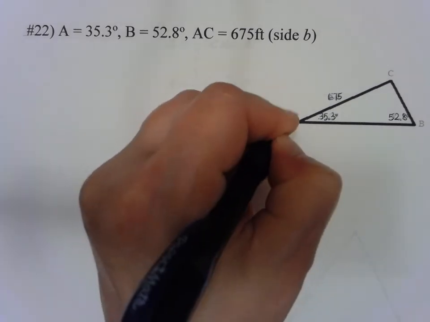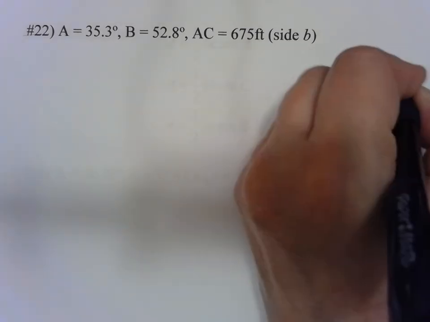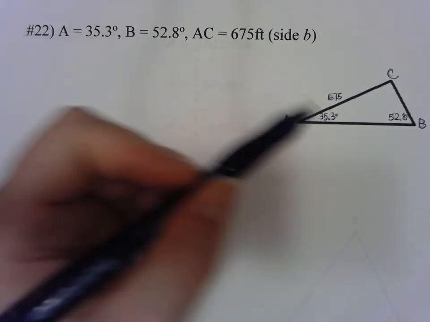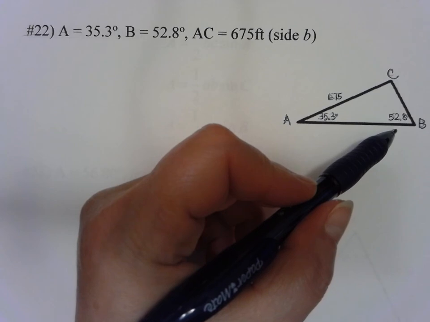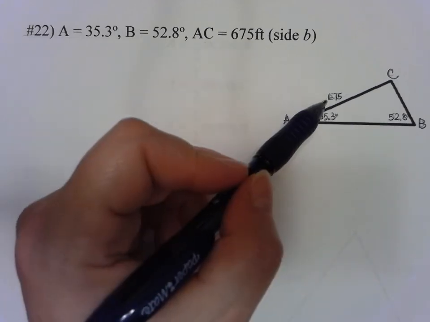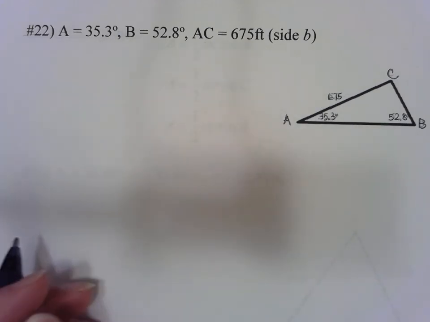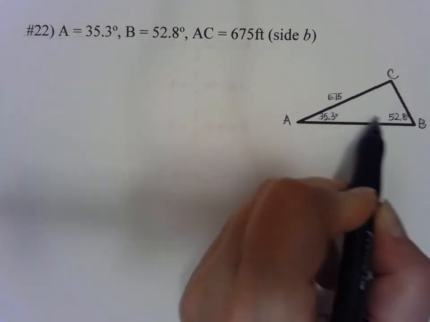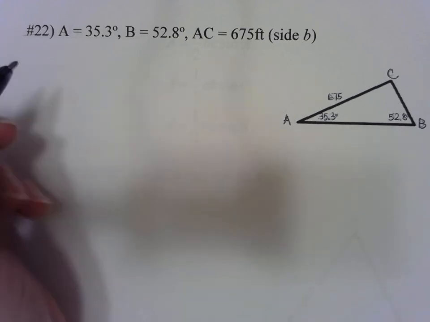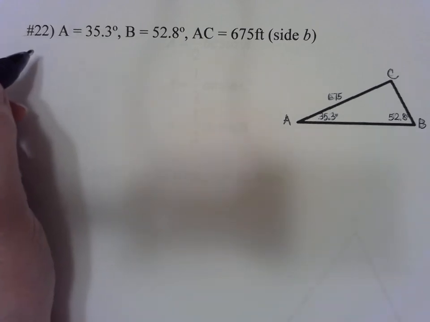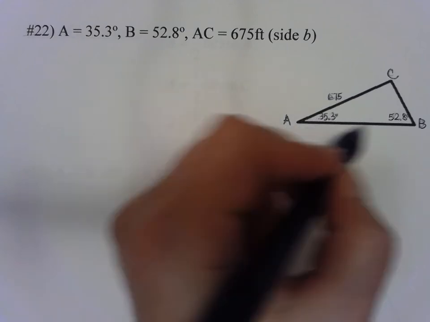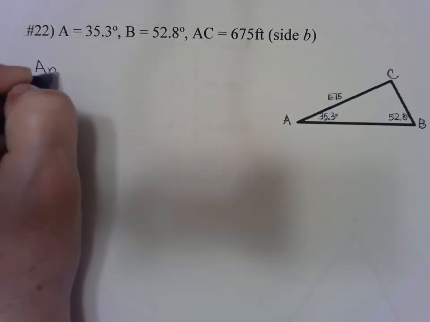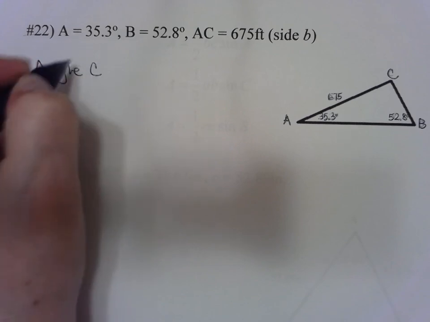I don't know if you can see that, A, B, and C. So angle A is 35.3 degrees, angle B 52.8 degrees, and then this is actually side B, which is 675. So I already have an angle and a side opposite, so I can go straight to the law of sines if I want. Since I do have two angles here as well, let's go ahead and find angle C first.